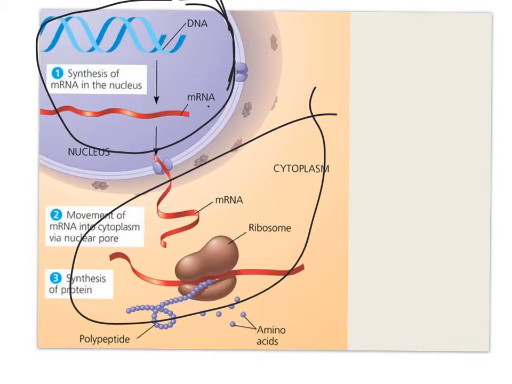The mRNA, messenger RNA, is then transported from here out into the cytoplasm. And then it is fed into the ribosome and read, and these are the amino acids. They're actually floating around. So some of these amino acids we make ourselves.